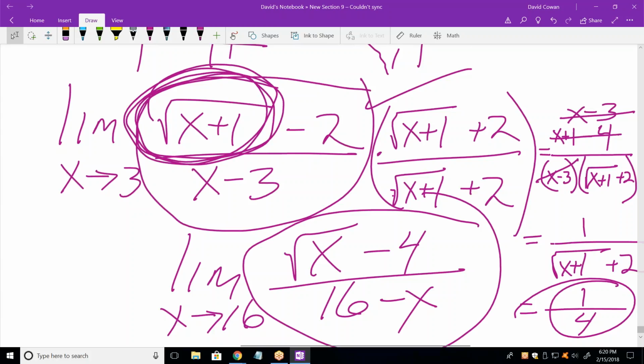So the way I'm going to solve this is by multiplying top and bottom by the square root of x plus 4. And that will solve all the problems. And then reevaluate it. The second time you reevaluate it, you will not get 0 over 0. You'll get a number like we did, 1/4.